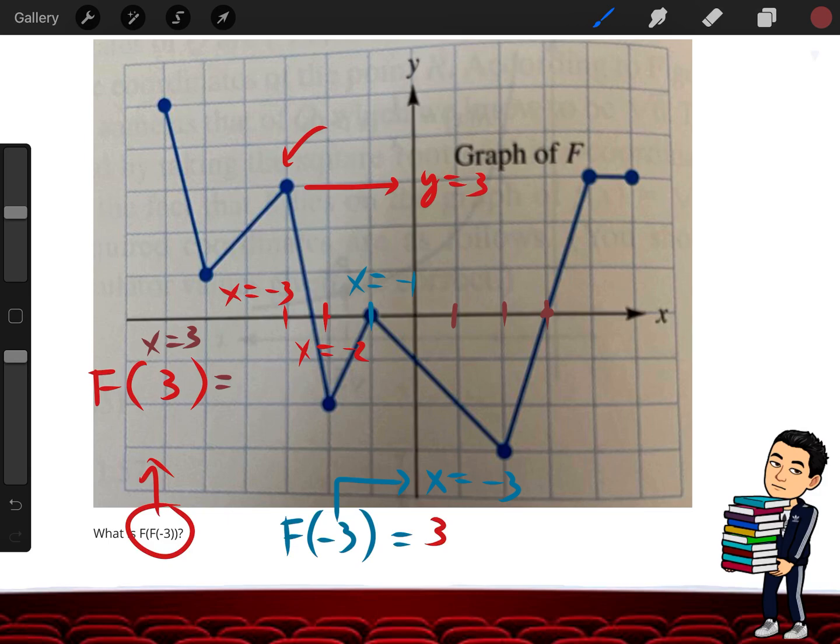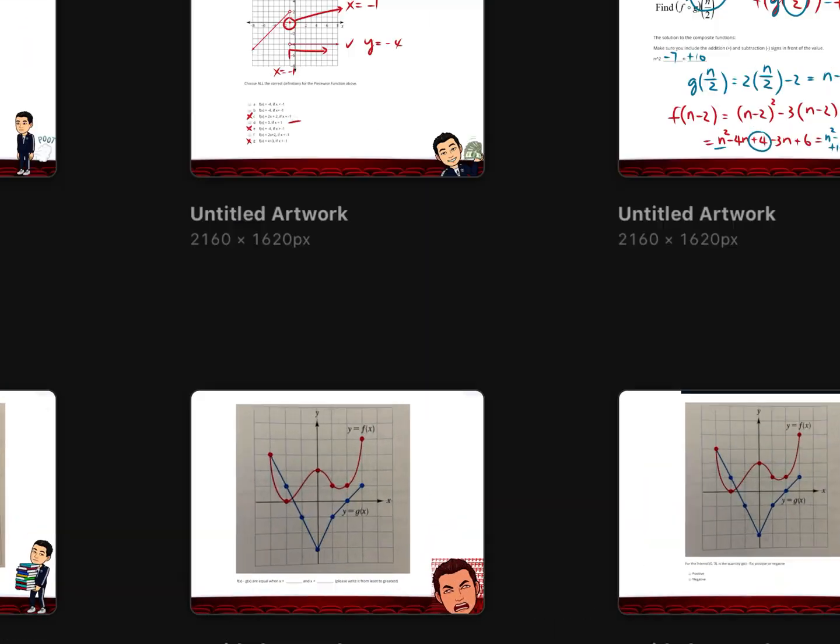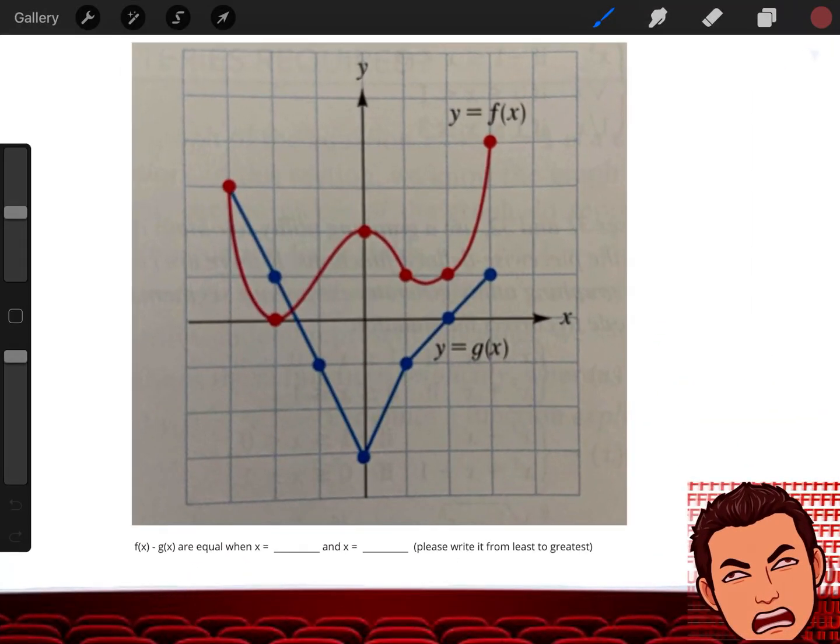All right, so this is where y equals 0. Just giving you guys some time to think. Okay, so 0. All right, so let's look at the next one. Basically this question is asking that when f of x is subtracting g of x, they're equal when the x value equals 1.